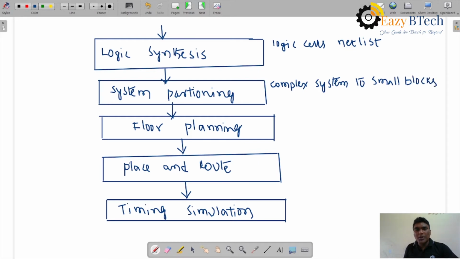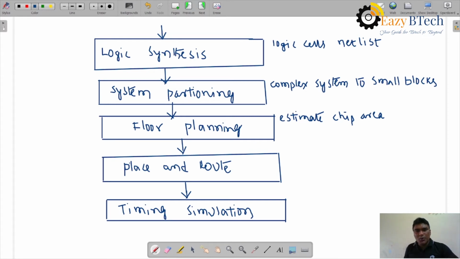So this is system partitioning. Floor planning means estimating the chip area. How much chip area is required for all the logic blocks, that is floor planning.